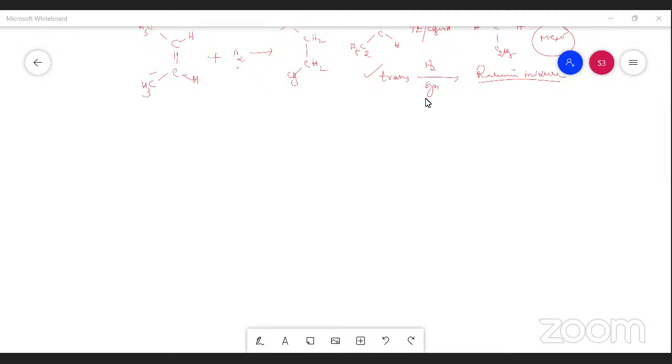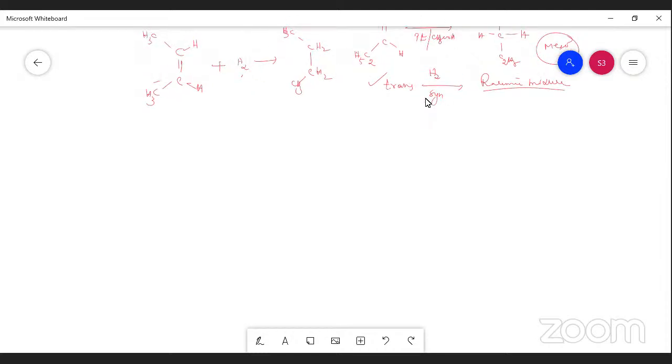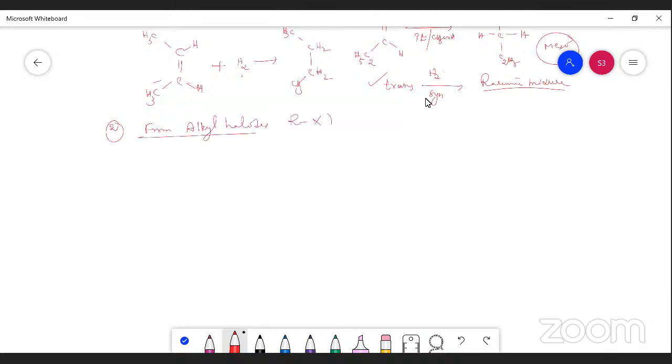The second method is from alkyl halides. The general representation of alkyl halides is RX. From alkyl halides, we can prepare alkanes in two ways.